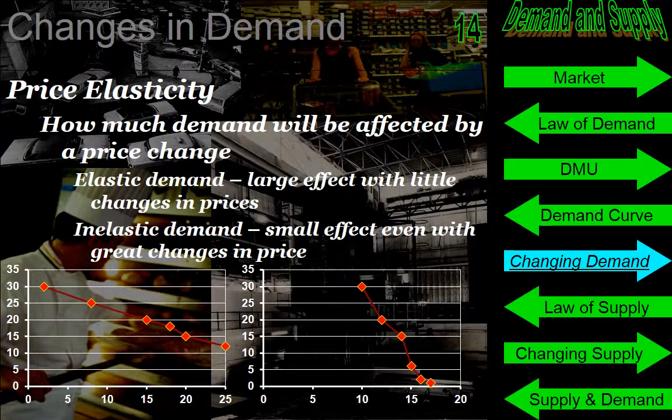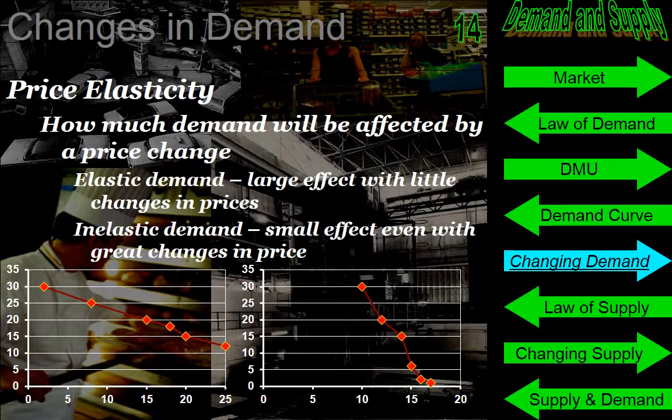Now, what kind of things would have elastic demand? Things that people don't really need, they're wants, they're quickie things. They're not really a whole bunch of have-to's. Whereas inelastic demand are items that people have to have and usually can't live without.